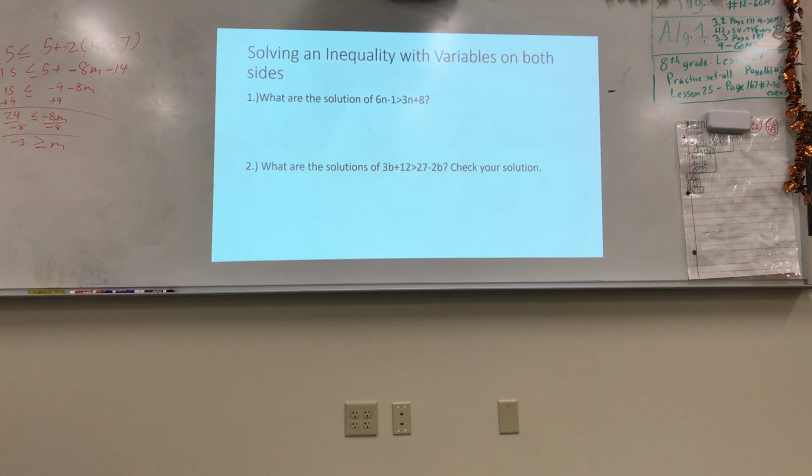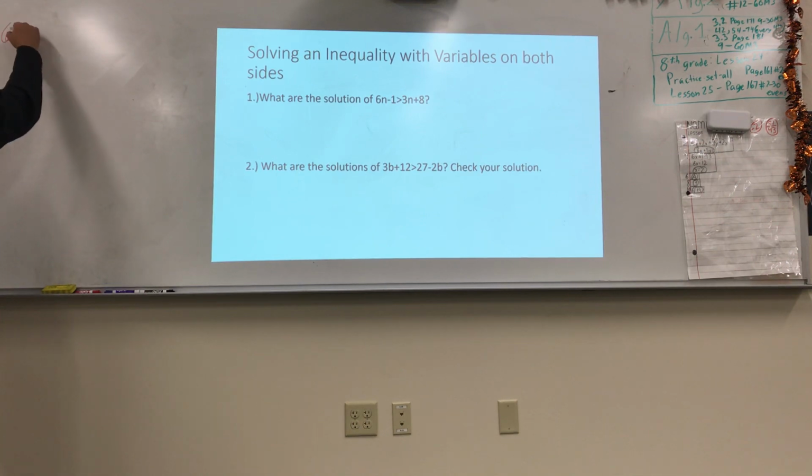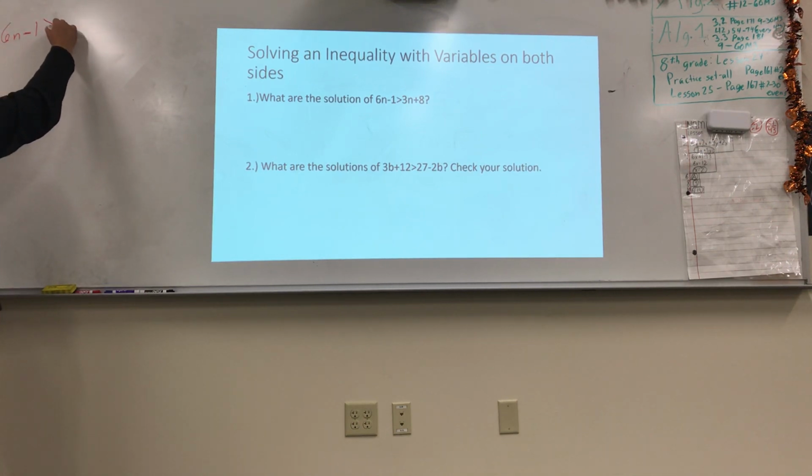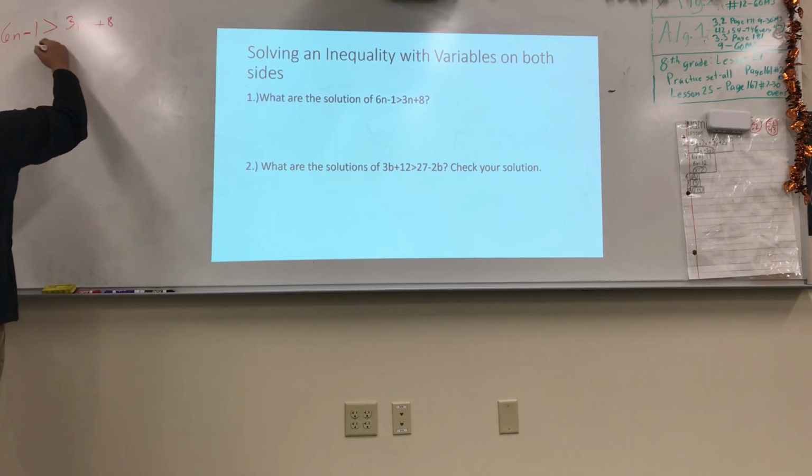Solving inequalities with variables on both sides. What are the solutions of 6n minus 1 is greater than 3n plus 8?